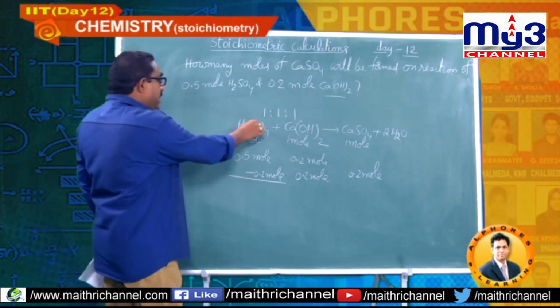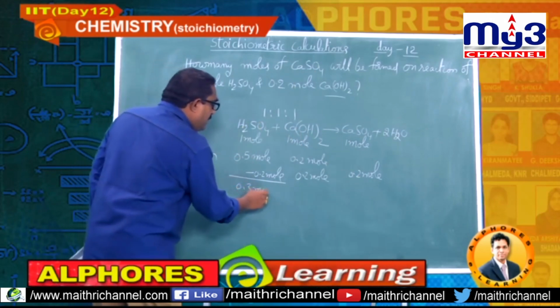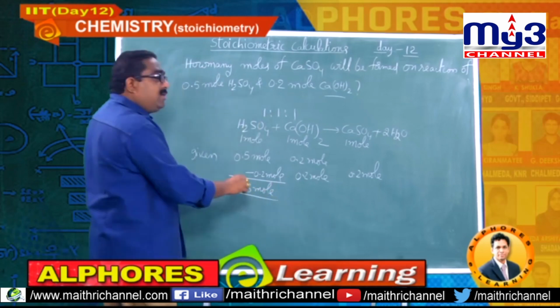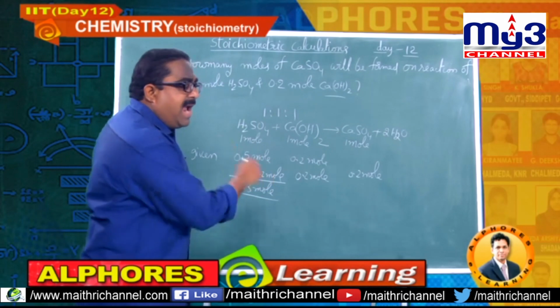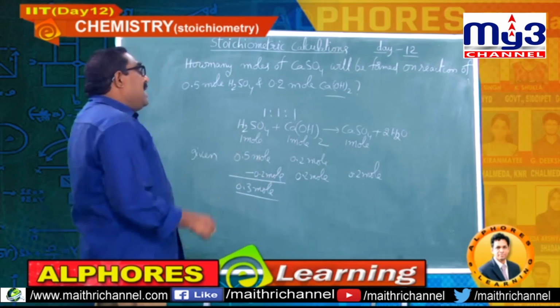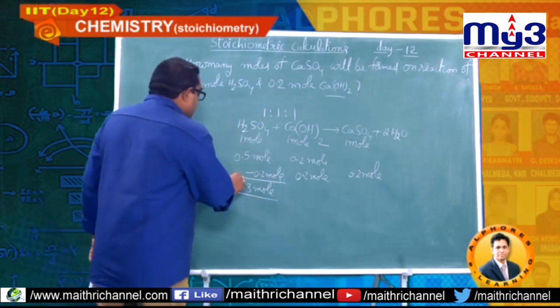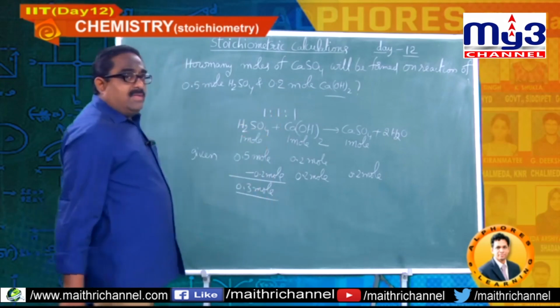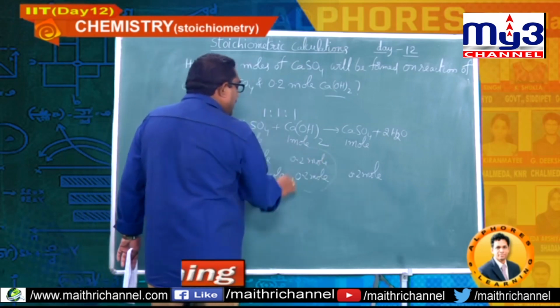But out of the 0.5 he has given for sulfuric acid, the remaining is 0.3 mole. It means 0.3 mole of sulfuric acid is left unreacted after the completion of the reaction, because it is not going to be involved in the reaction, and 0.2 mole of this is completely consumed.